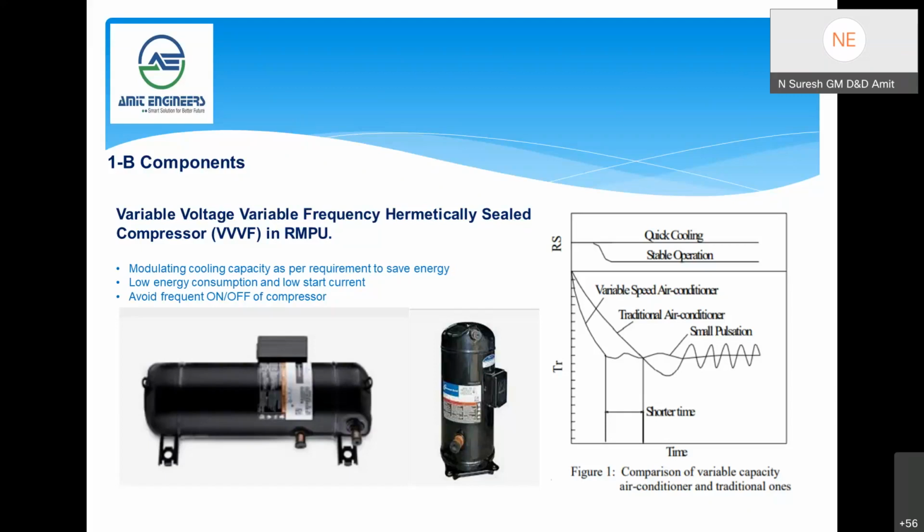There are many types of compressor. This is a hermetically sealed scroll compressor. There are even open type compressors, where only the mechanism with the extended shaft will be there, and the motors can be coupled externally. And semi-hermetic compressors are also available. Those are all being used in refrigeration systems for negative applications and so on.